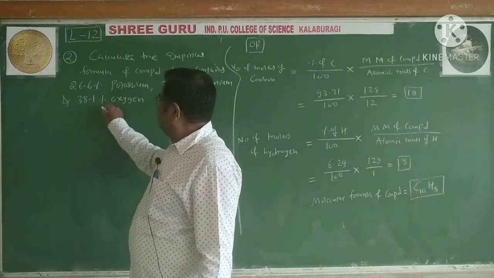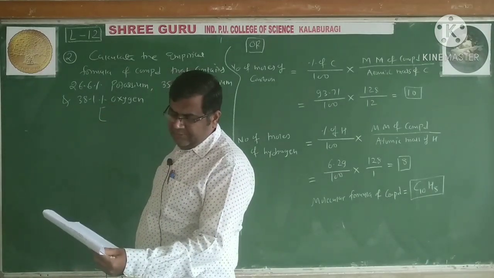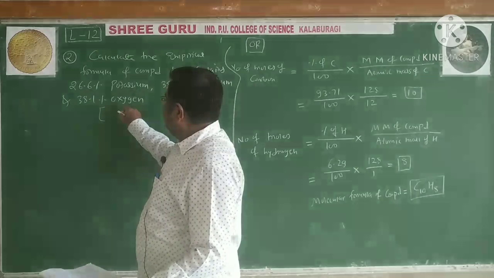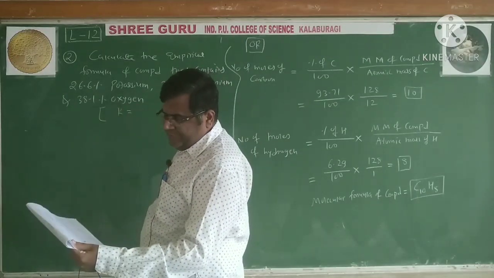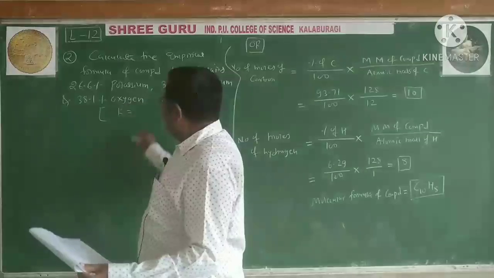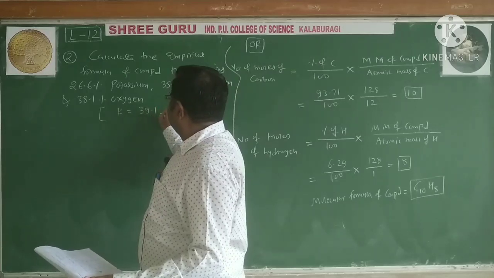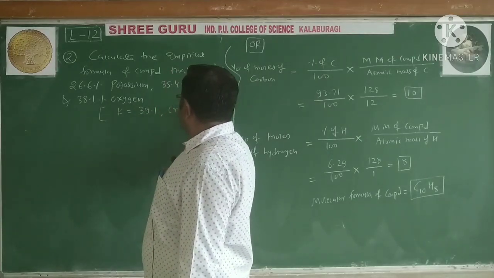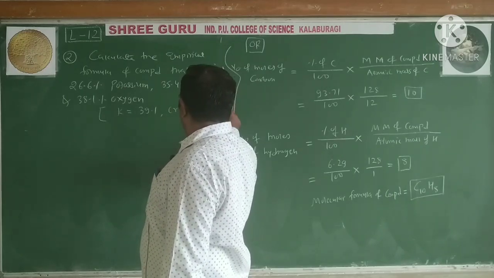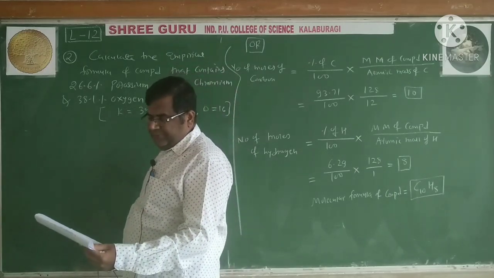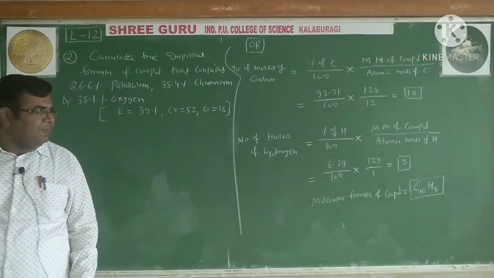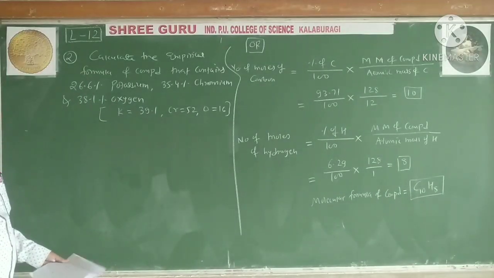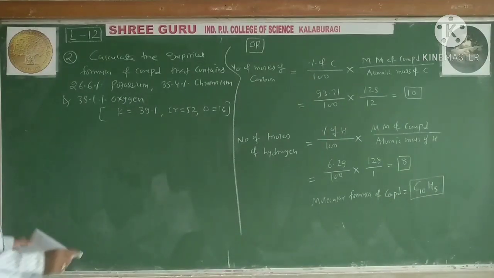And they have given atomic mass of potassium as 39.1, and that of chromium is 52 and oxygen is 16. So this information is before us.